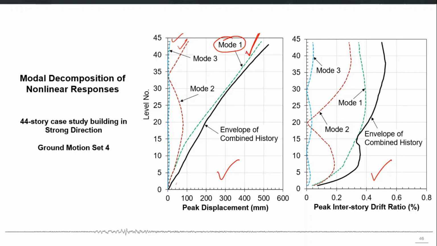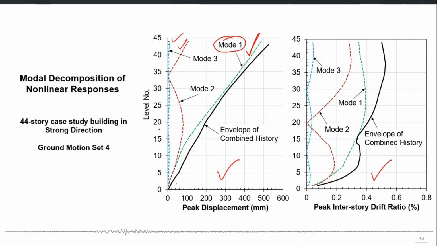So any damper or any device which is used should be tuned to the frequency of the first mode so that the first mode can be suppressed, and as a result the total response will be reduced, right? So this understanding of getting the response for each mode separately, even for nonlinear systems, can be translated into the development of different design strategies, right?